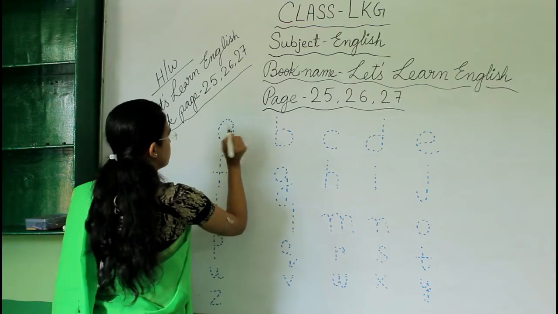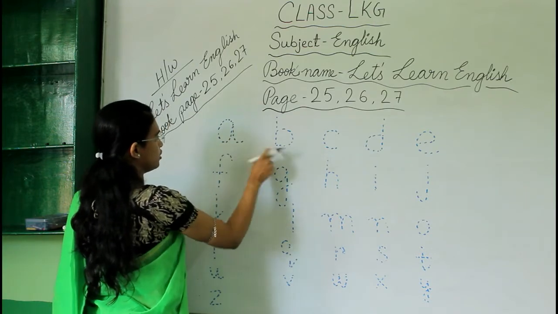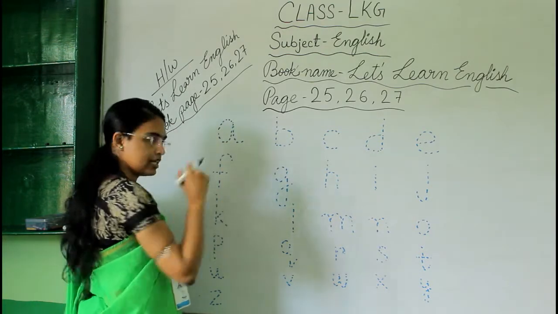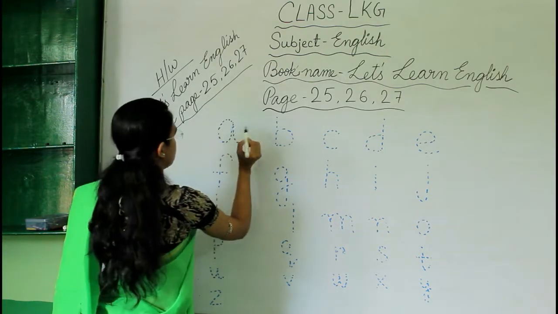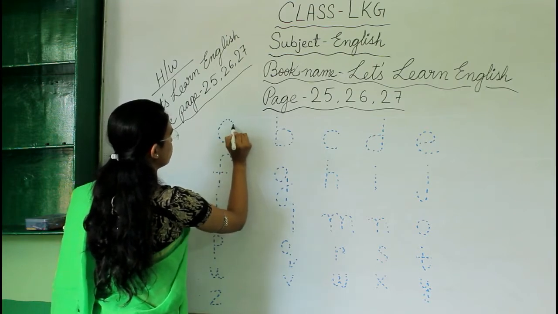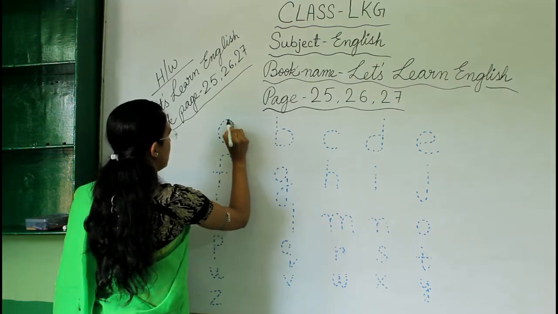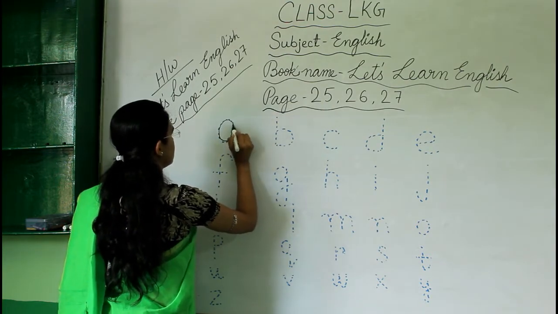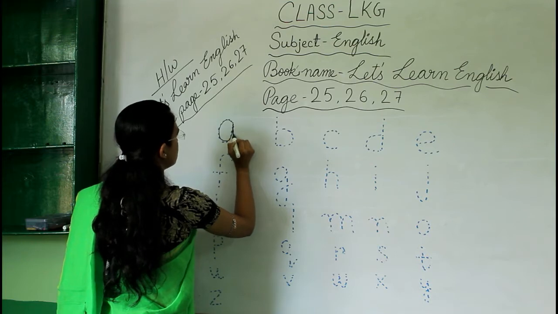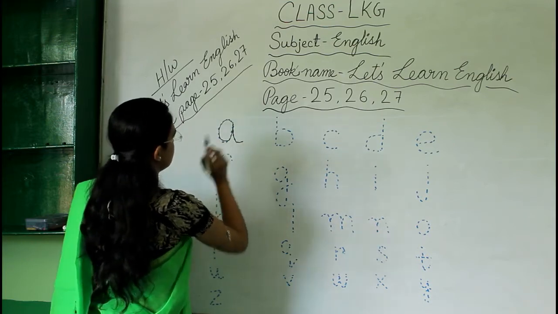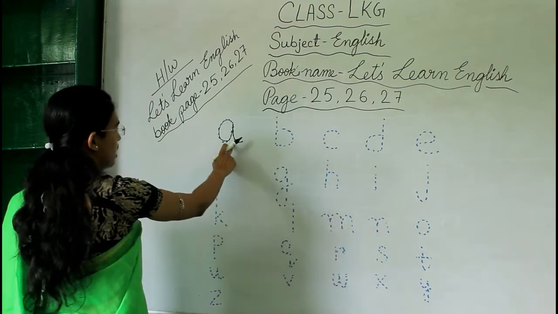Okay? So I have already shown you how to trace letter A and letter B. Again I am showing you how you will write. So for tracing letter A, you have to start from here, and you have to first do what? Yes, first you have to draw a curve line, then another curve line, a half curve line.